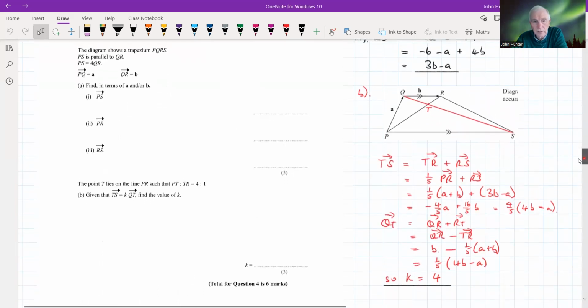So let's just have a look at that. The diagram shows a trapezium. There we go. The point T lies on the line PR such that PT to TR equals 4 to 1. So that also means that PT is 4/5 of PR and TR is 1/5 of PR. It's turning our ratios into fractions, basically.